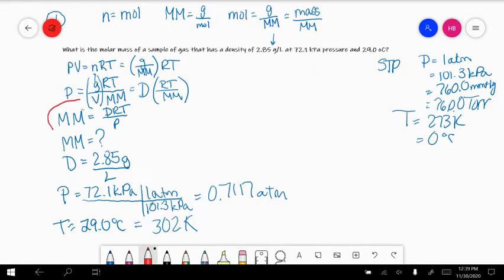So let's take our formula and plug in what's given to us.